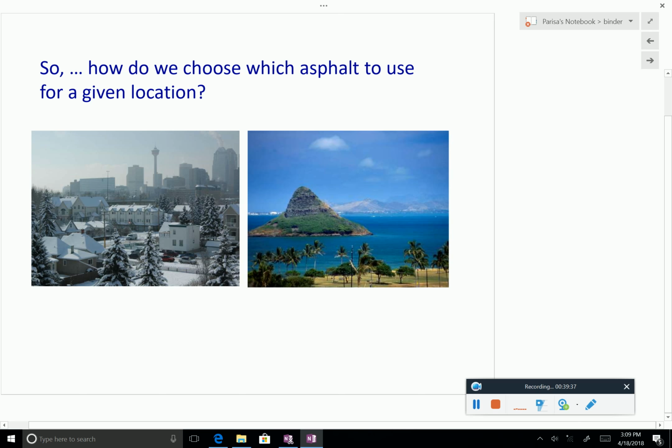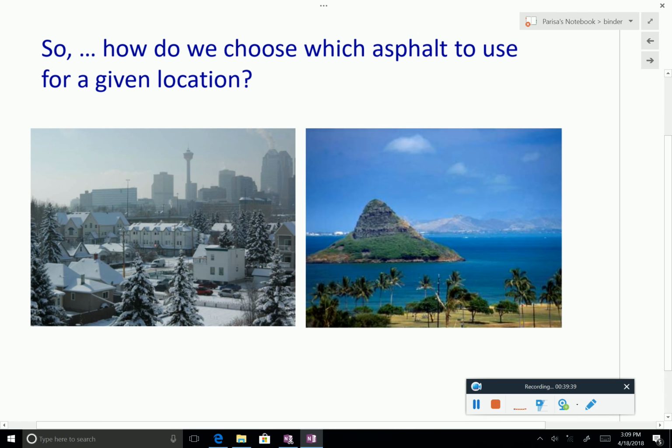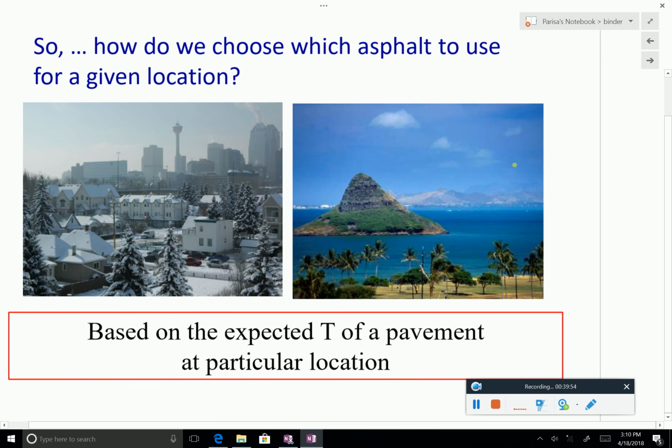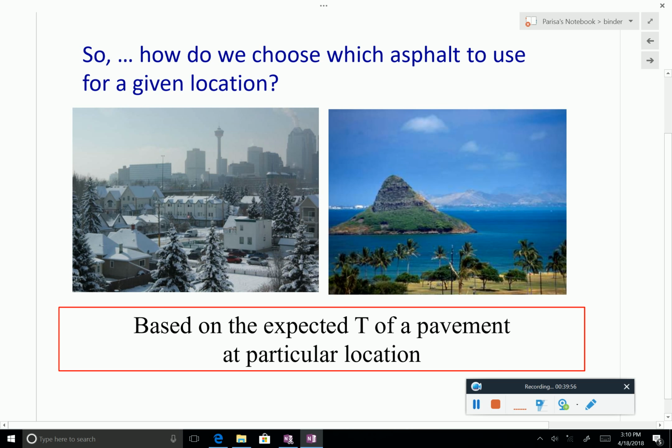So, if you have a project, what is the main parameter that you have to consider if you want to decide on your asphalt binder? Temperature. Now, this is an extreme case. With this weather in April, when you look at that picture on the right, it feels nostalgic.